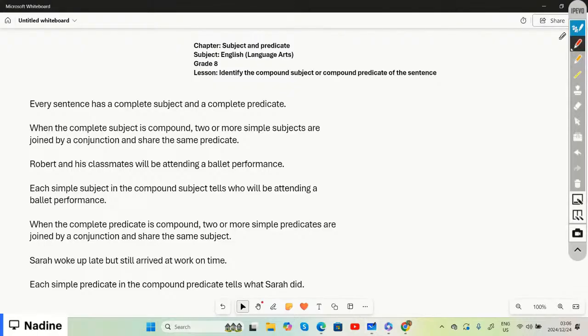All right, so we see that every sentence has a complete subject and a complete predicate. And remember, the subject tells us who or what is doing something, and the predicate is the action that the person or thing is doing. And when the complete subject is compound, meaning there are two or more simple subjects joined by a conjunction, they share the same predicate.